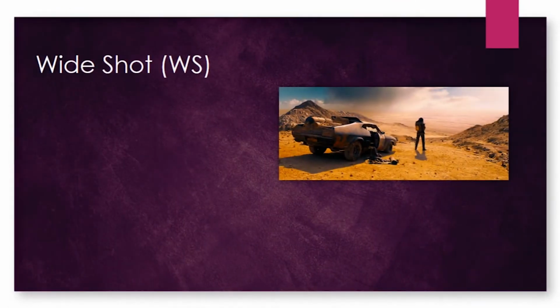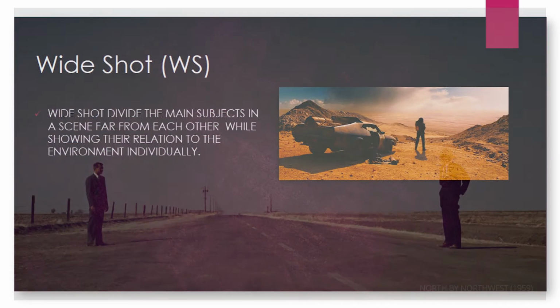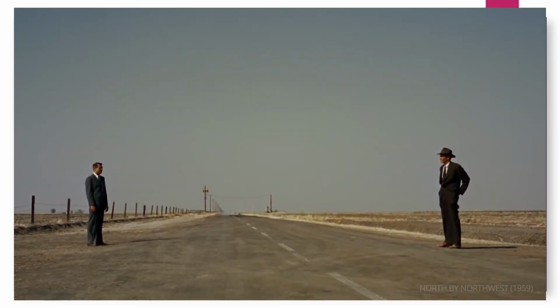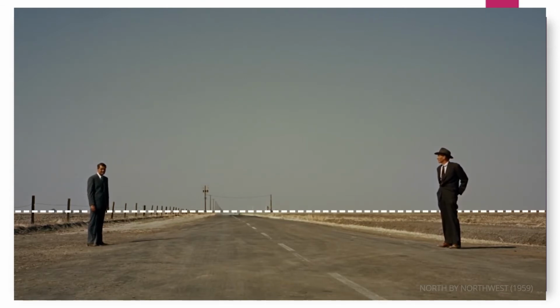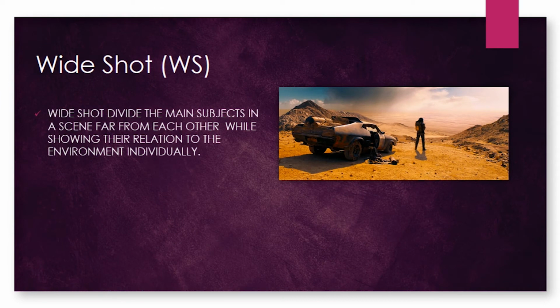Let's jump to the next type of the shot sizes, the wide shot or the WS. The picture to the right is an example of a wide shot. Most of the time this shot is used to divide the subjects in a scene. As you can see, we have two subjects: the driver of the car and this fancy ugly car, or whatever you want to name it.